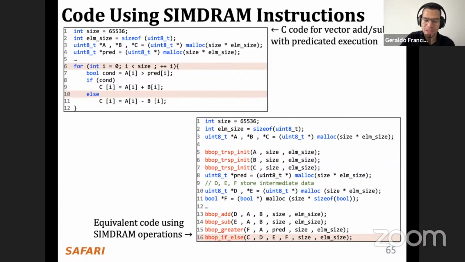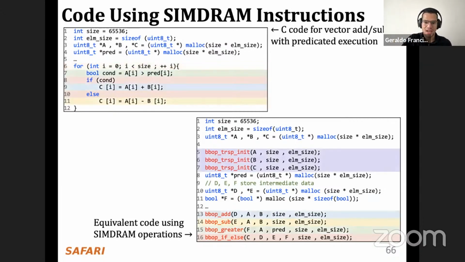As you can see here, we can completely eliminate the for loop that you have over here, because the for loop is going to be tracked by the control unit itself. So it's quite similar to how you would actually program an AVX engine, for example, if you want to use the vector units in Intel processors.